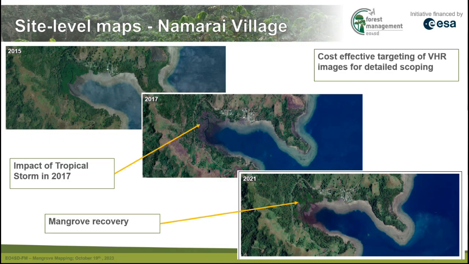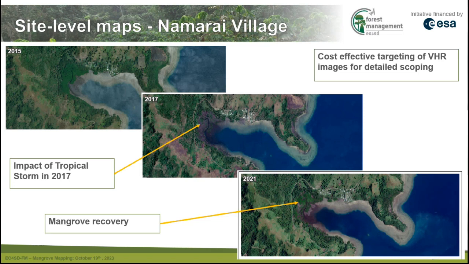And in fact, when we supported the Asian Development Bank with some detailed site level mapping, and we looked at very high resolution data for a small snapshot, we found that these data sets supported the evidence that Sentinel-2 had provided.